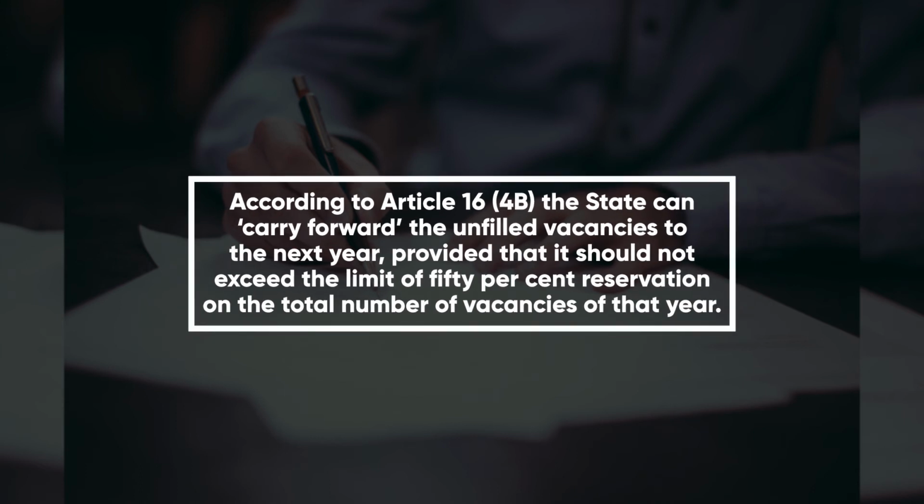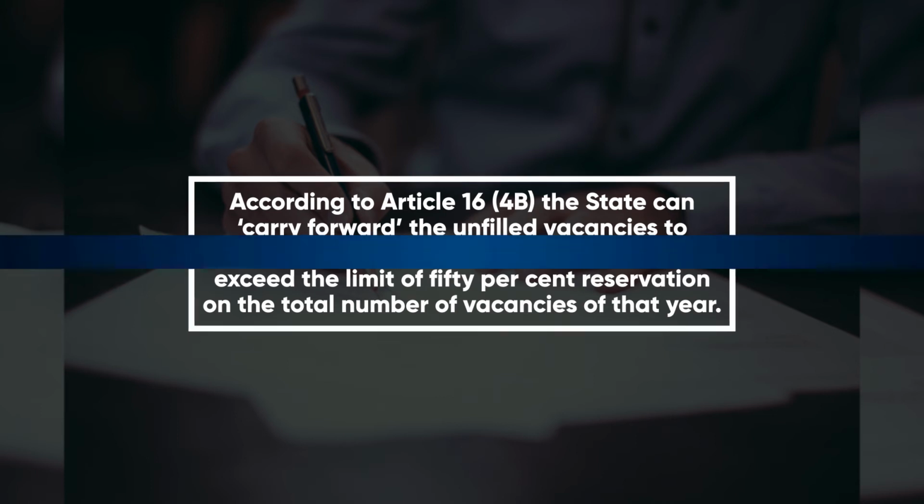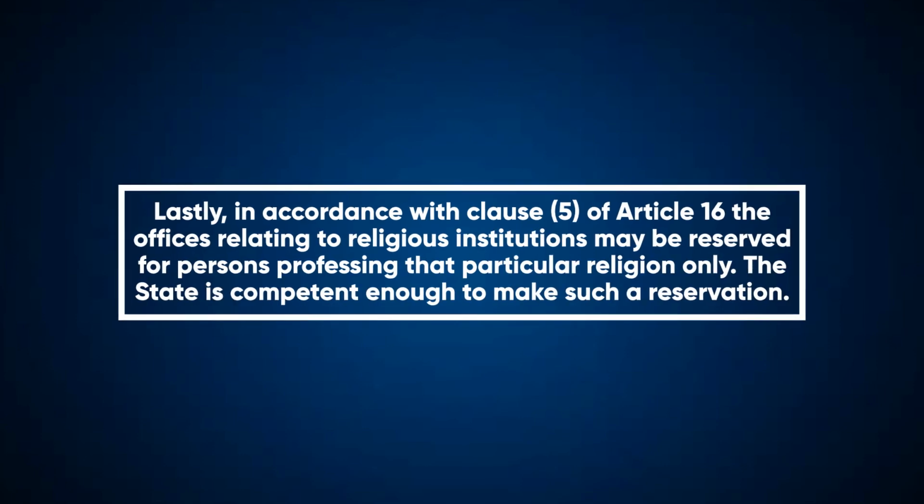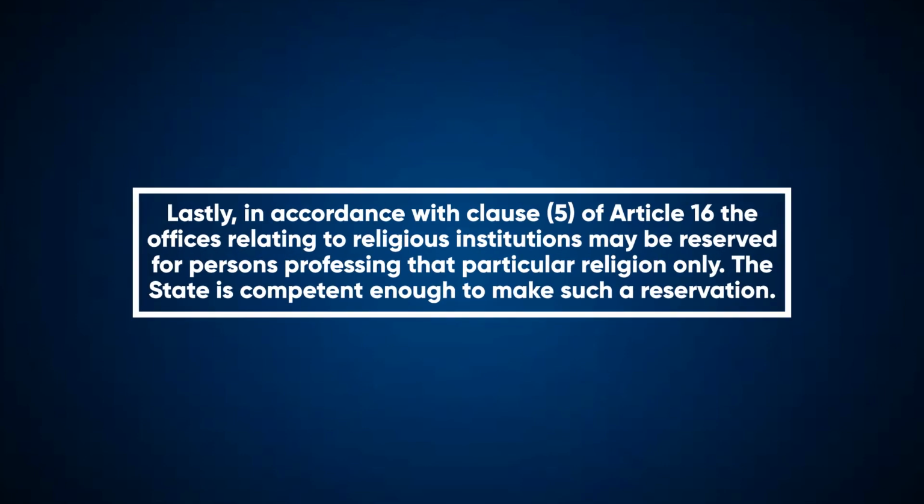According to Article 16(4B), the state can carry forward the unfilled vacancies to the next year, provided that it should not exceed the limit of 50% reservation on the total number of vacancies of that year. Lastly, in accordance with Clause 5 of Article 16, offices relating to religious institutions may be reserved for persons professing that particular religion; the state is competent to make such a reservation.